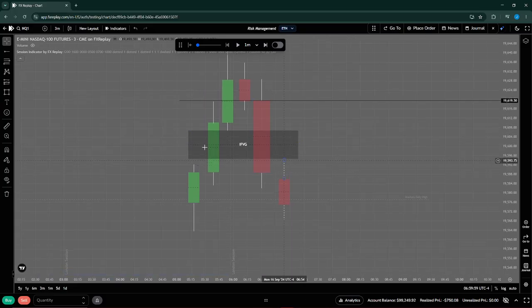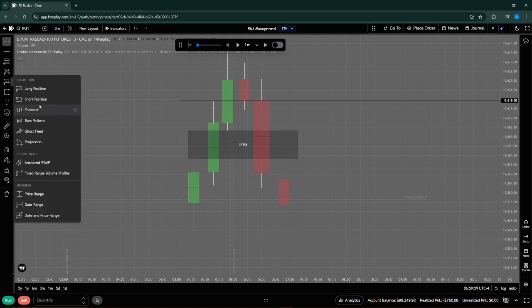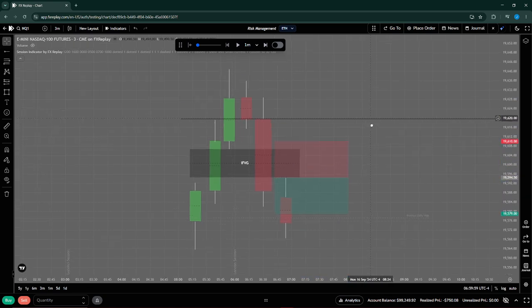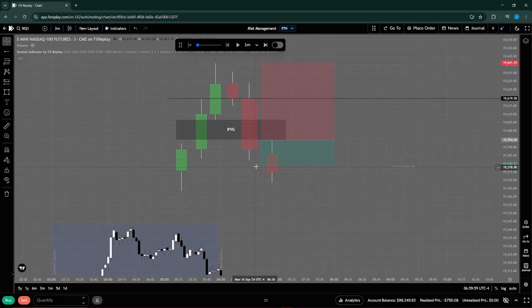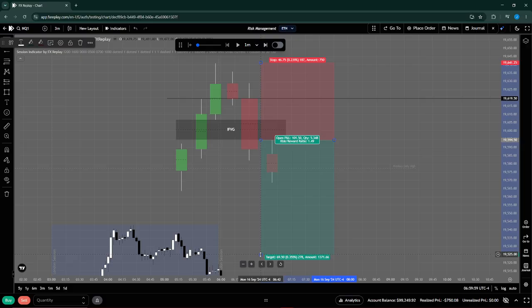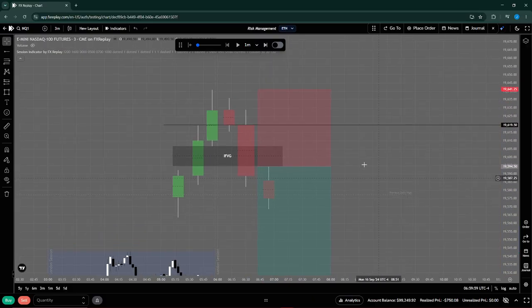So with inverse fair value gaps, the same thing is going to happen. It's going to eventually get filled, but a lot of people, including myself, use this as a confluence to take a certain type of trade, whether you're looking for a retest, rebalance, or a full reverse and continuation trade, right?